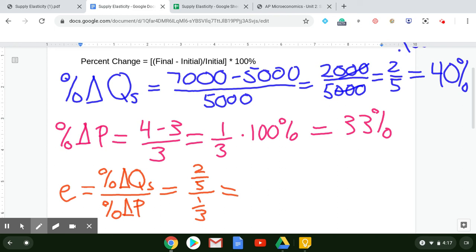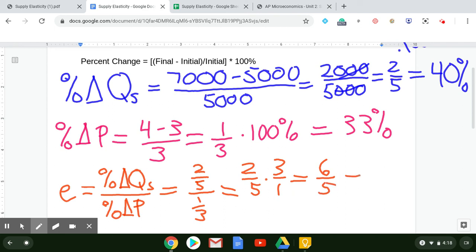So keep it, change it, flip it: keep the 2/5, change the sign to times, flip the 1/3 to 3 over 1. That gives me 6/5.